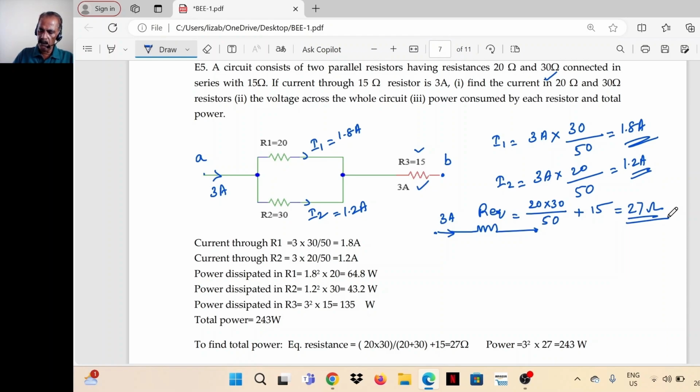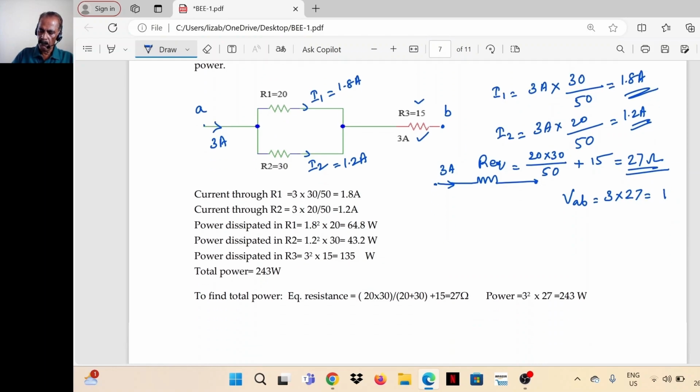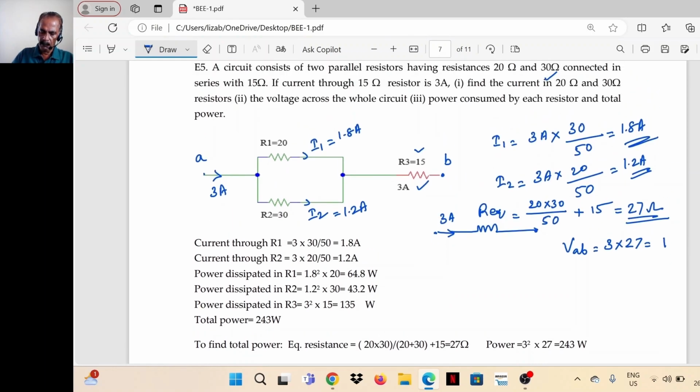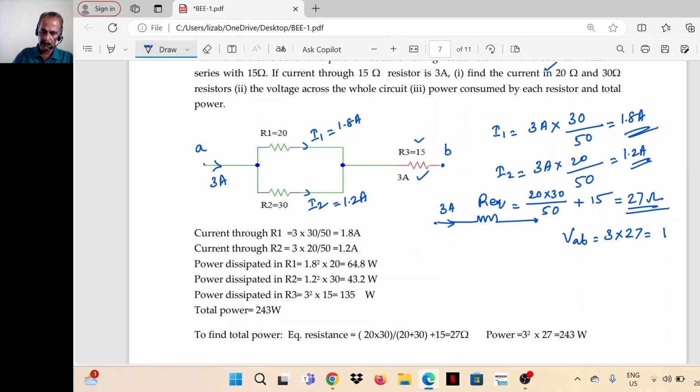So the voltage across the whole circuit, VAB, is equal to 3 into 27, that is 81 volts. 81 volts is the voltage across the whole circuit.